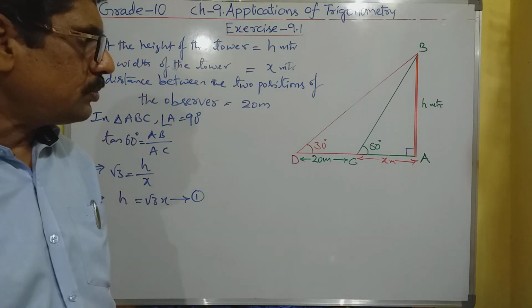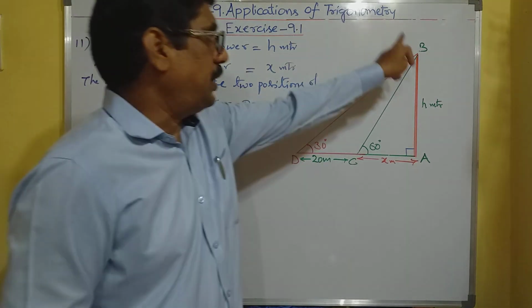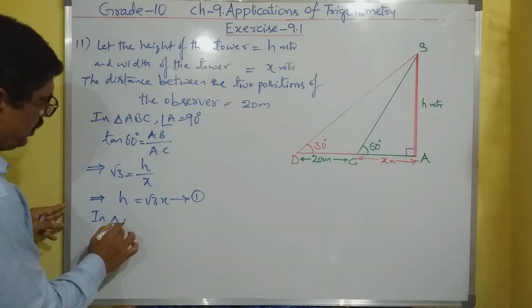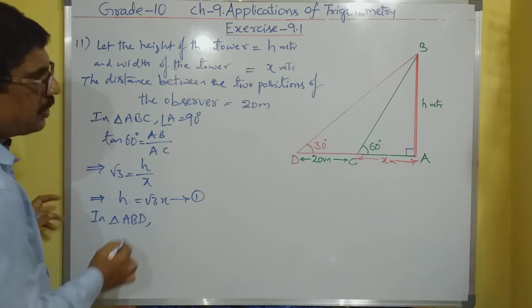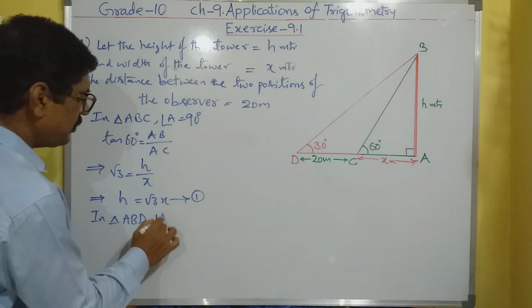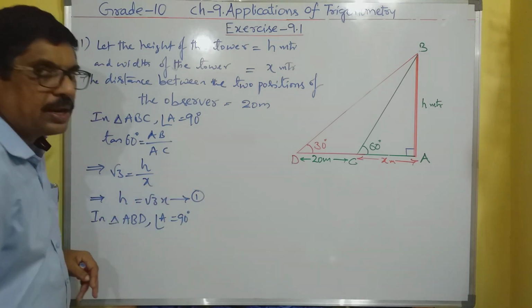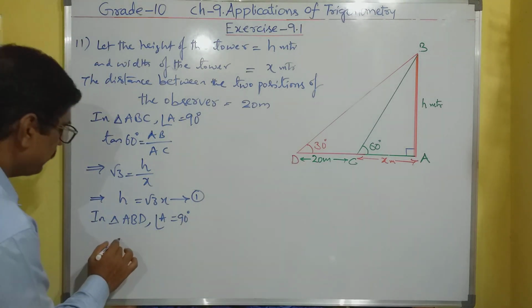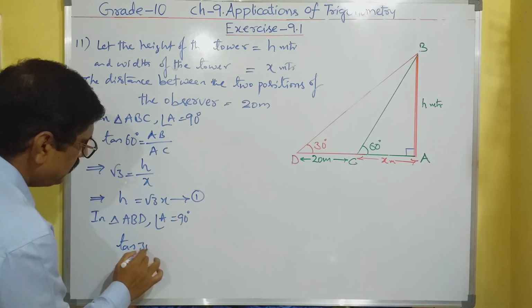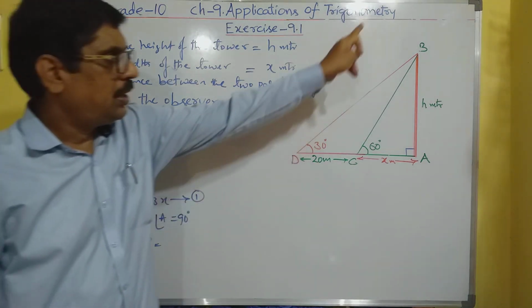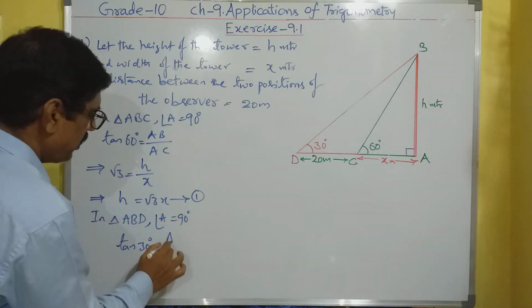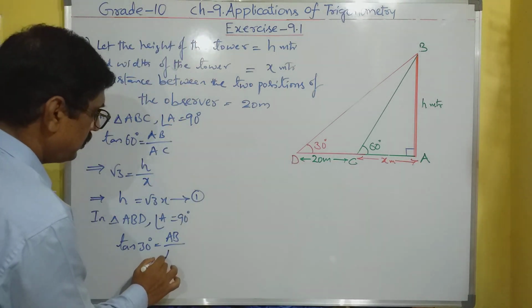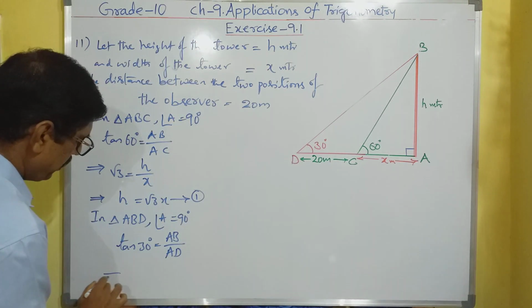Okay. Now let us go with the other right angle triangle. What is the other right angle triangle? In triangle ABD, here also angle A is 90 degrees. This is also a right angle triangle. Let us take tan. Here the angle is 30 degrees. Tan 30 degrees is equal to opposite side AB and the adjacent side AD.